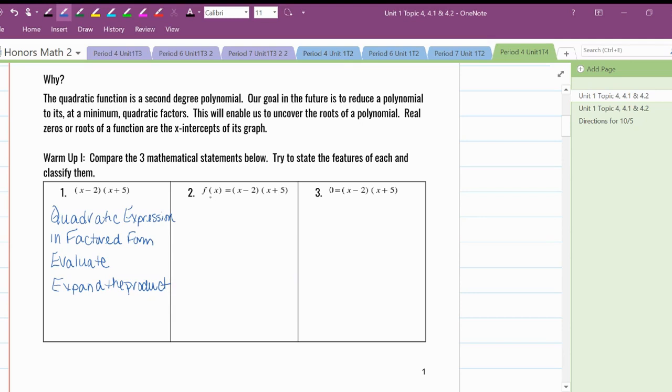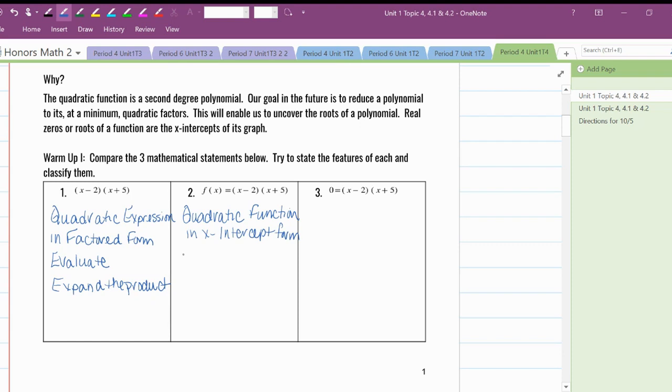Here I wanted you to pick up on the fact that this is an f of x equals those same two factors. This is a quadratic function. This is what we have been talking about in topic 3, and it is in x-intercept form.